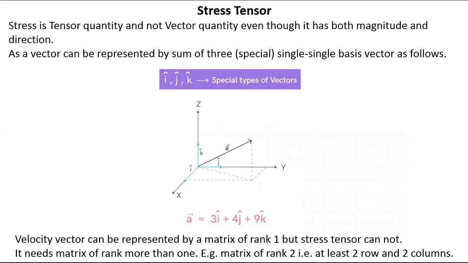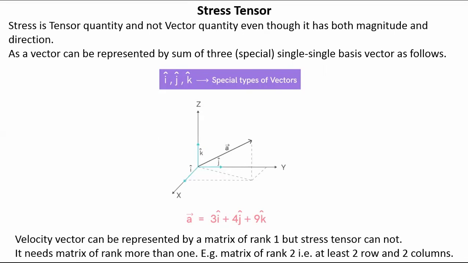Now moving forward, the stress tensor. What is stress tensor? If we would like to compare it with a vector, then let us say a velocity vector can be represented by a matrix of rank 1.